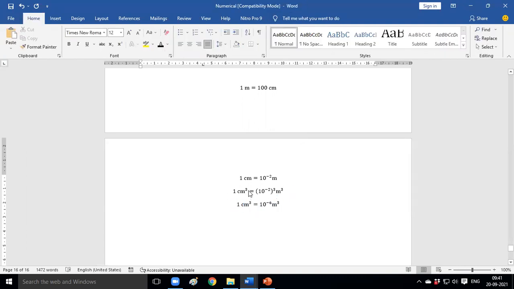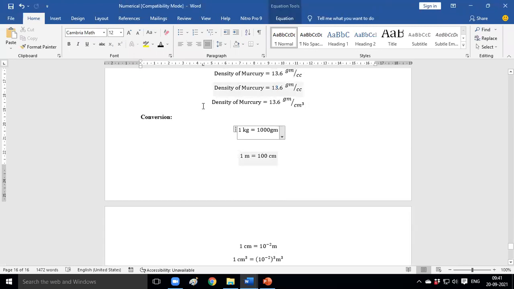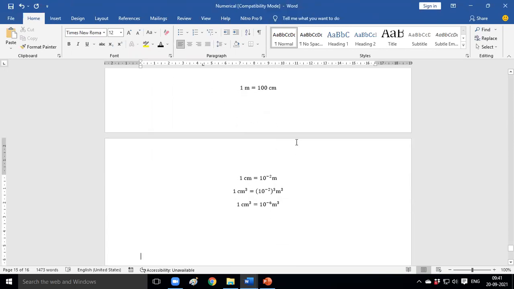So 1 centimeter cube, we start from this unit conversion. See the conversion: 1 kg is equal to 1000 gram. Is it understood? Yes, sir. Again, 1 meter is equal to 100 centimeter. So we just rearrange this equation: 1 centimeter is equal to 10 to the power minus 2 meter.